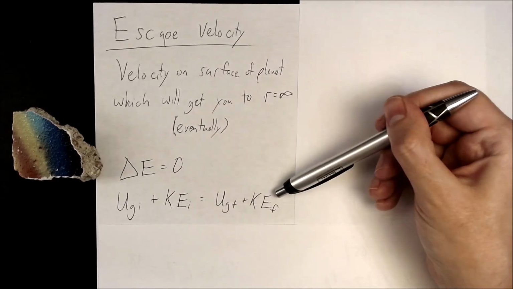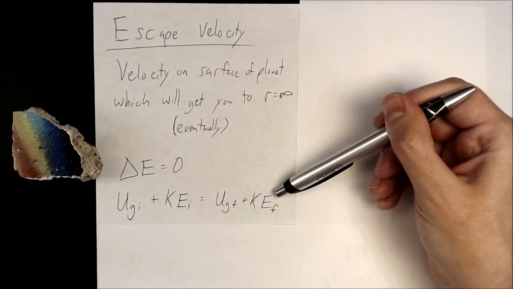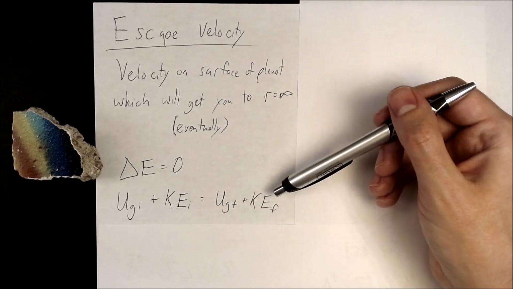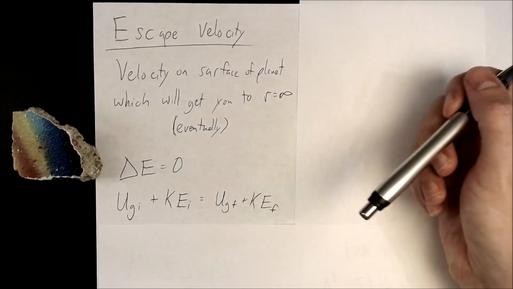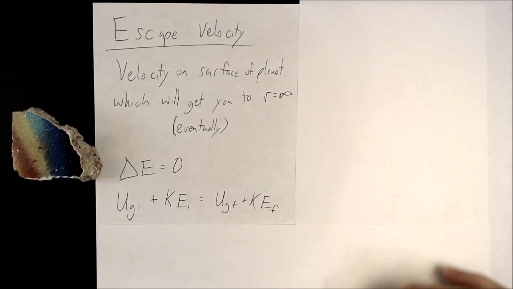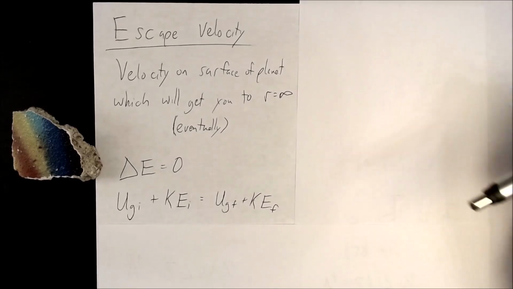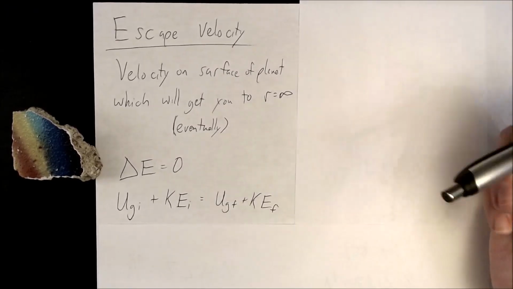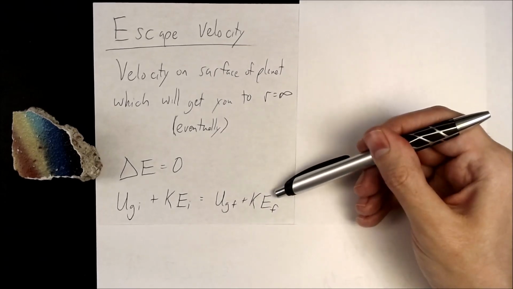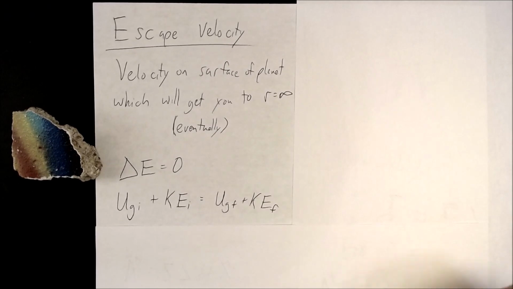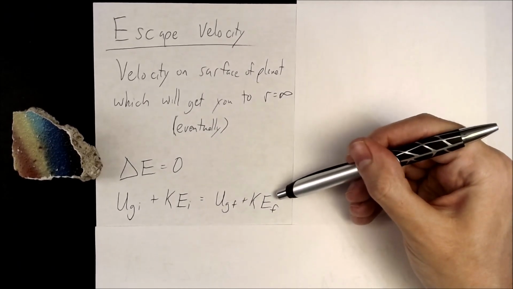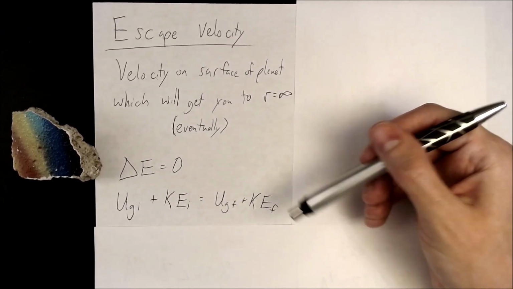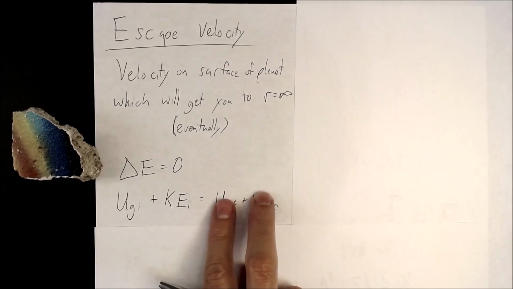So what is the minimum kinetic energy that you need once you are already at r equal to infinity? Well, just like questions about throwing a ball up into the air, how much speed do you need to throw it up into the air a certain height? Well, it goes to 0 speed at that height because it has to turn around, I guess, at that height. And so kinetic energy final should also be 0. So this whole side should end up being 0.